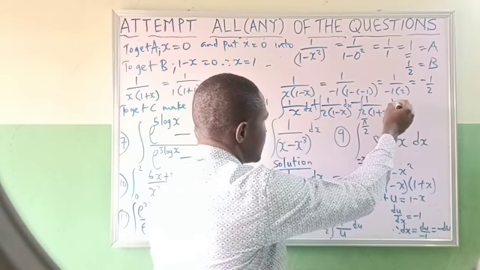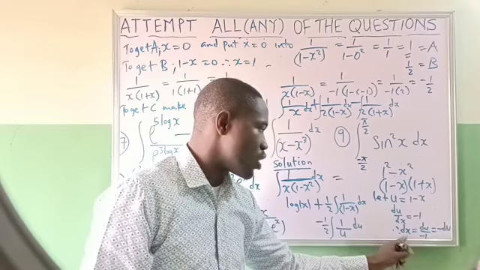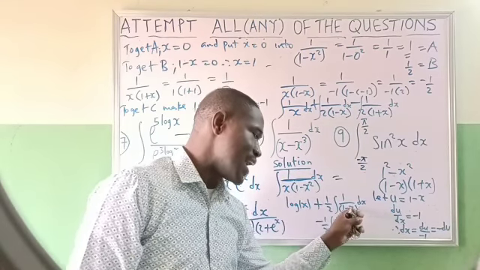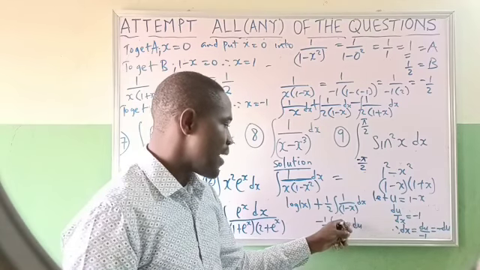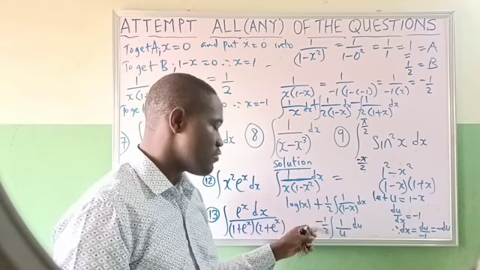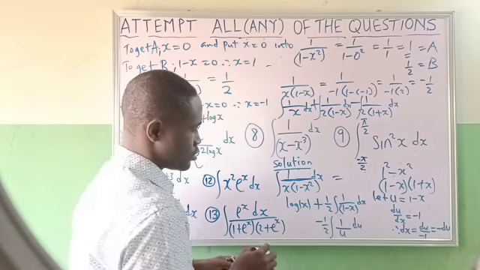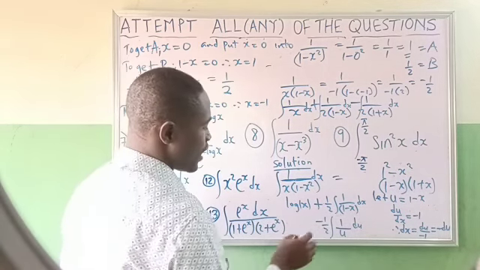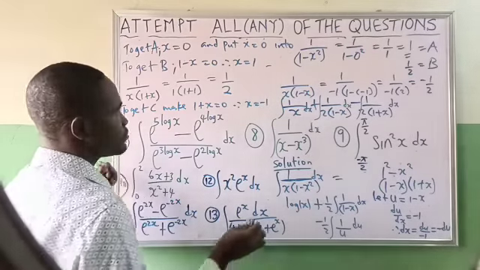I will use minus du, which is equal to dx, to replace this dx, and that will give you minus du. Then that minus times this 1 over 2 will give you minus 1 over 2. Now integrate 1 over u.